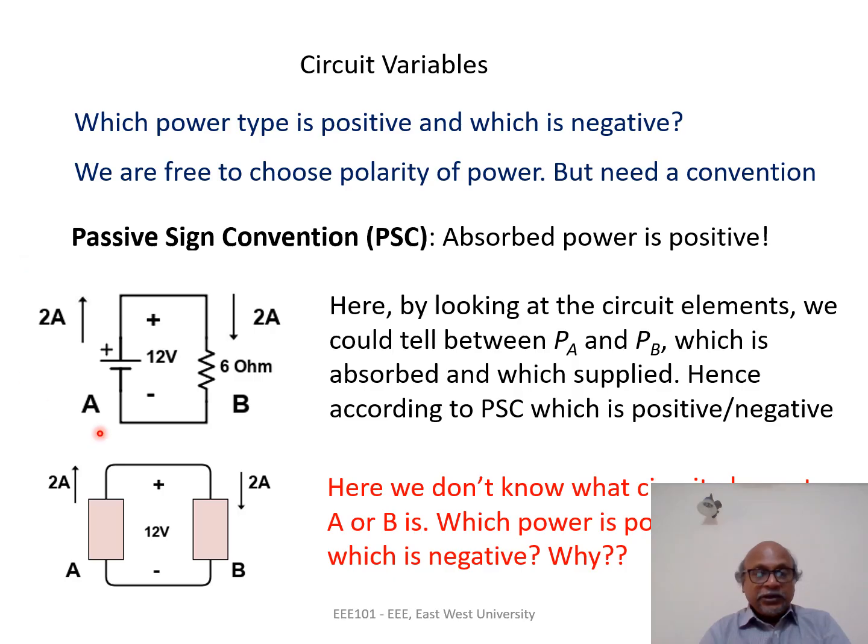But if we did not have the upper circuit with us, then this logic will not work. We need to find out a more concrete argument to decide when is a power absorbed and when is a power supplied.